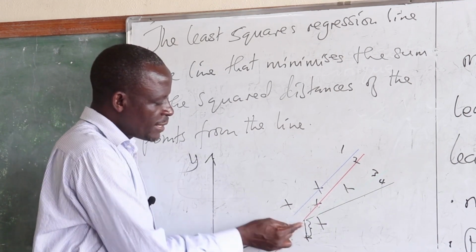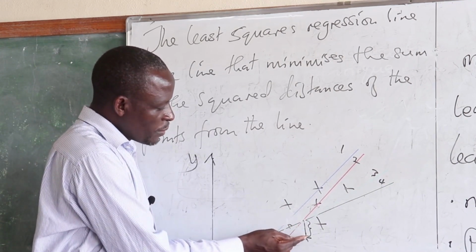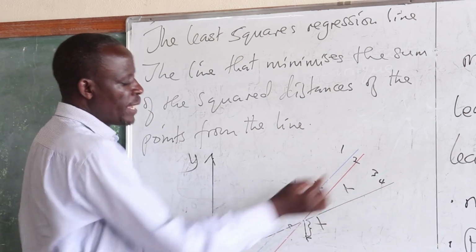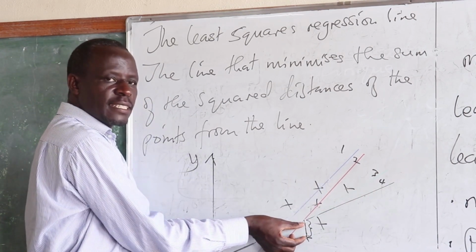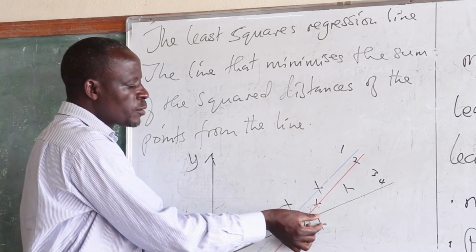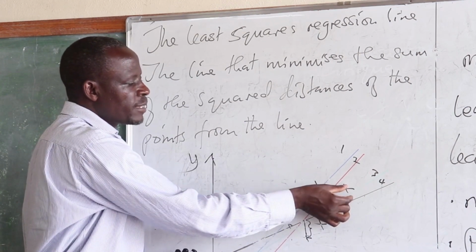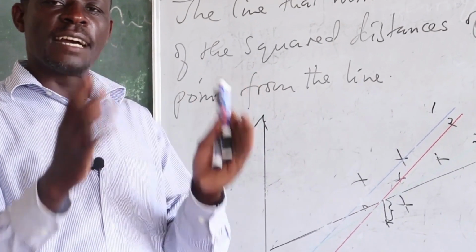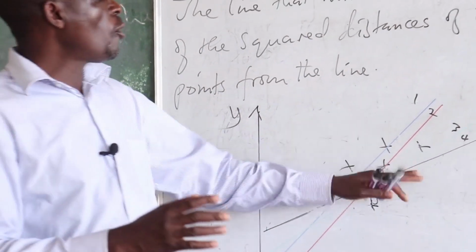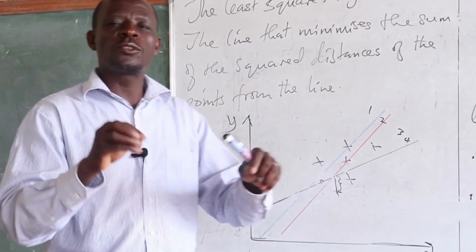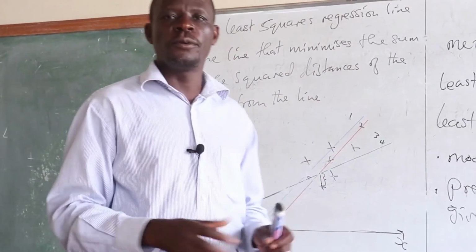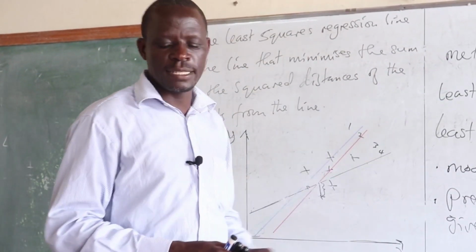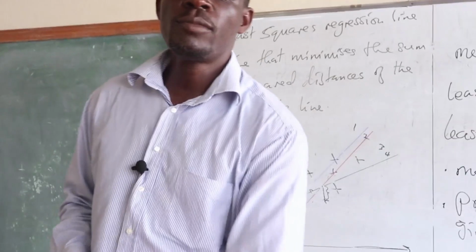So from this point to that point, if I'm considering the blue line, or the black line, I'm talking of this distance. If I square it, then go to this other point and square this distance, and then add, they will give me a certain sum. For all these lines, the one that brings the minimum value is going to be called the least squares regression line.